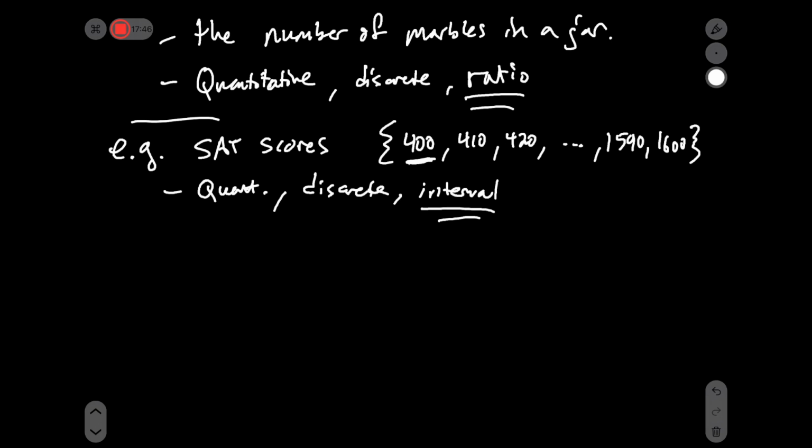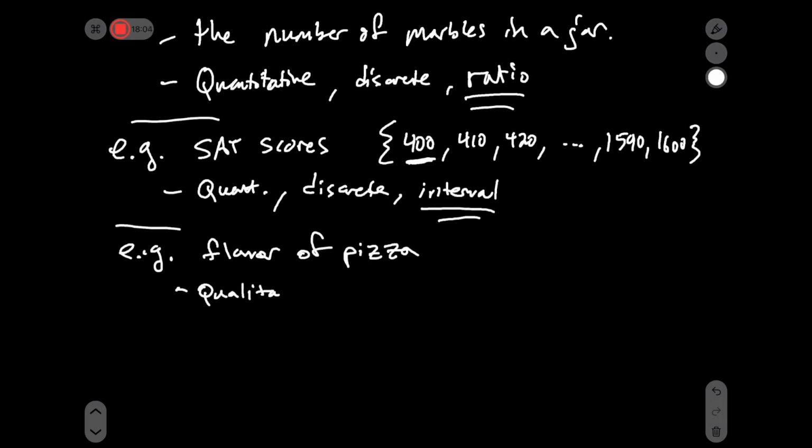Okay, 2 more examples. This one should be easy. The flavor of pizza. Okay, so flavor of pizza, is this quantitative or qualitative? Obviously, this is qualitative. And you have pepperoni, cheese, sausage, veggie, whatever.